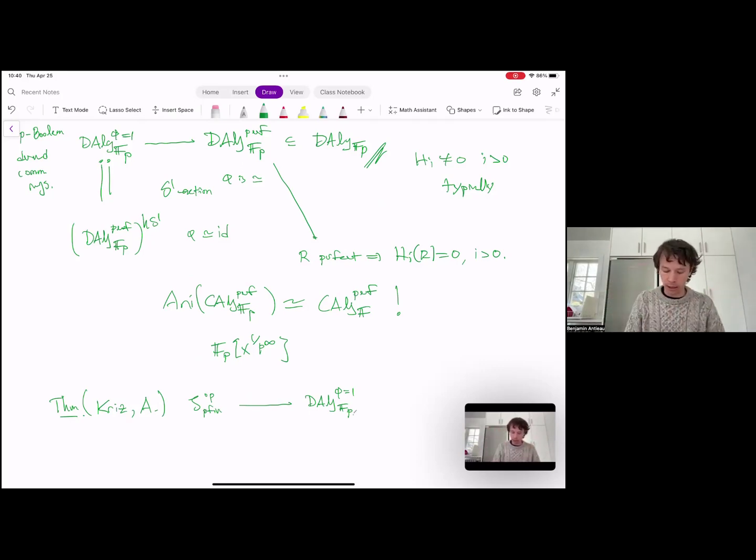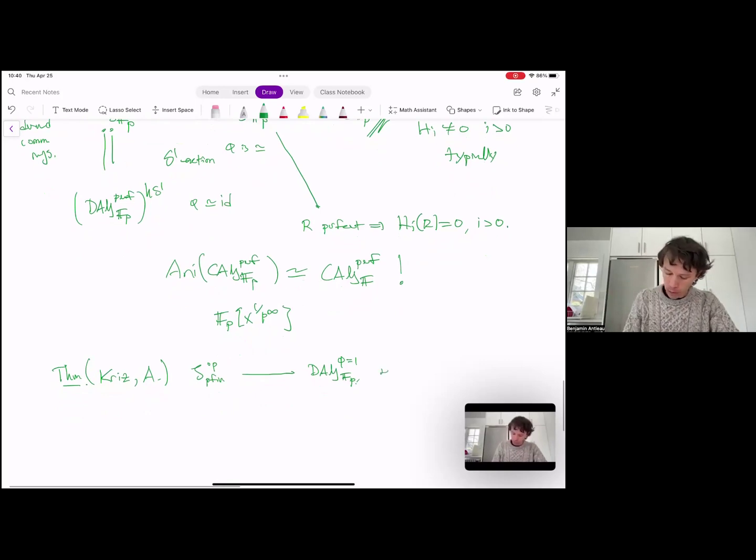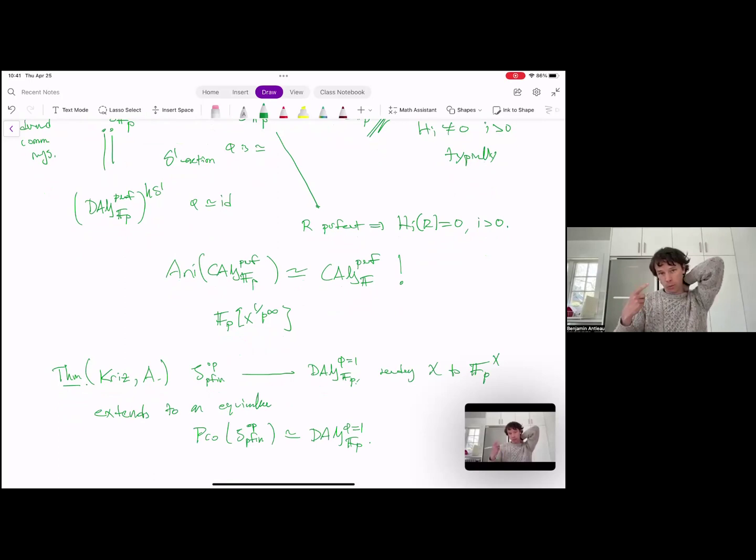So you land in here. Sending X to F_p cochains on X extends to an equivalence from Pro-p-Fin op to derived F_p algebras with phi equals 1. So in this case, we get an equivalence of the entire categories, which is remarkable.